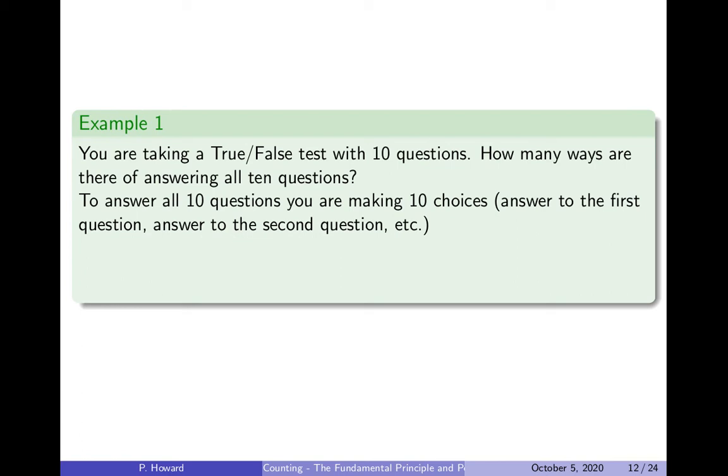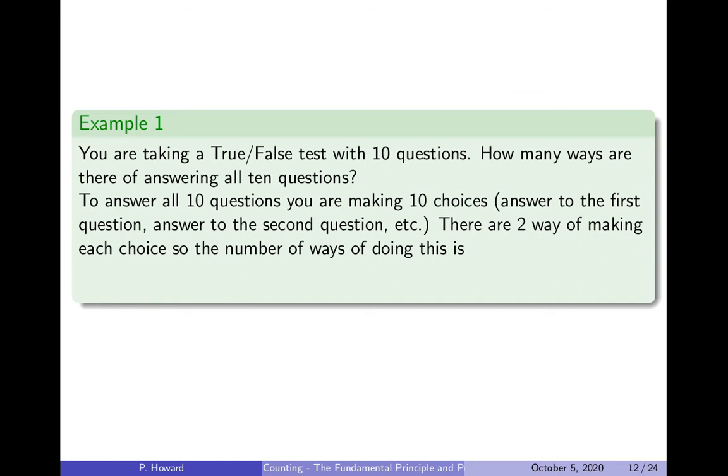There are 2 possibilities for each choice. So the number of ways of answering 10 questions on this true-false quiz is 2 times 2 times 2, and altogether there are 10 2's here, right? One 2 for each of the 10 possible choices. Multiplying 10 2's has shorthand 2 to the 10th, and 2 to the 10th is 1024.